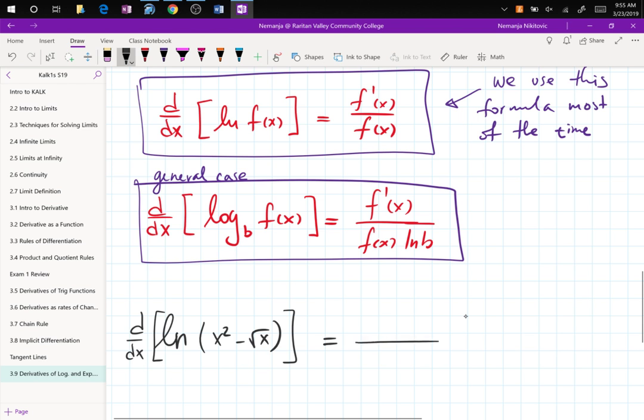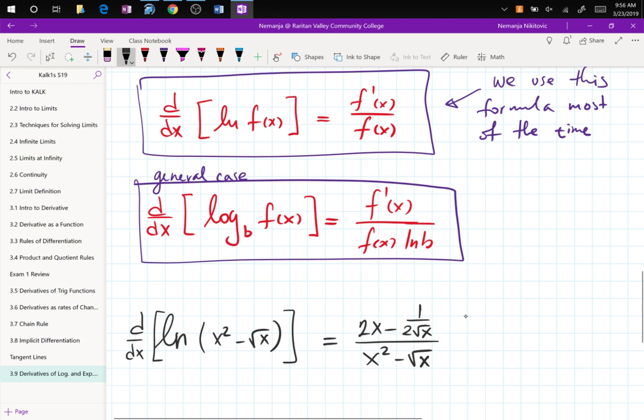Well, you take this x squared minus root x as is, and you just copy it in the denominator. So that's what I say, Control C, Control V. And then you take its derivative and place it in the numerator, which is 2x minus 1 over 2 root x. Hopefully you memorized by now that the derivative of root x is 1 over 2 root x.